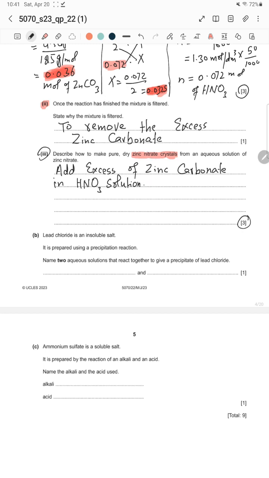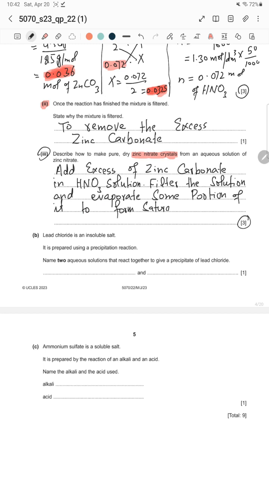Now zinc nitrate will be in filtrate, so we will write filter the solution and evaporate some portion of it to form saturated solution.